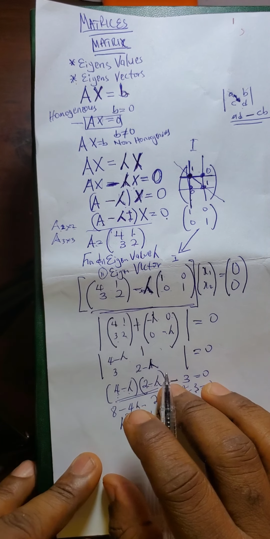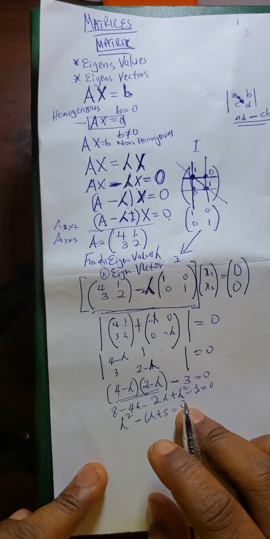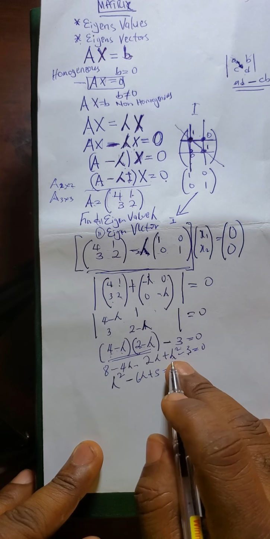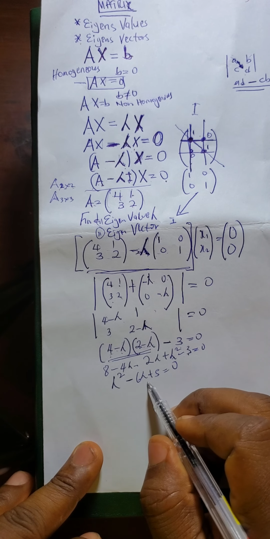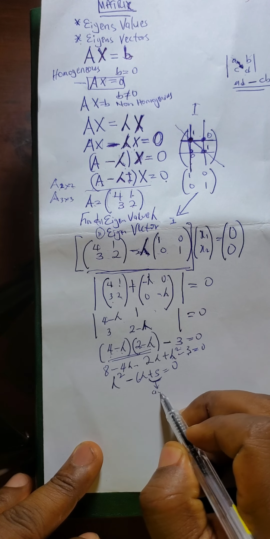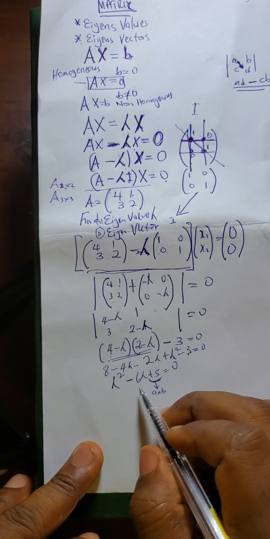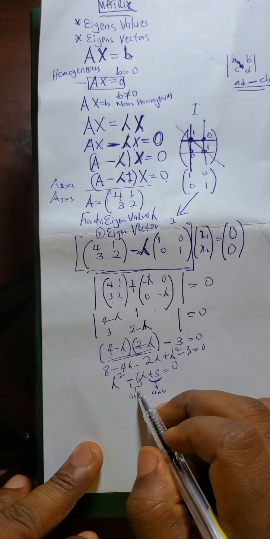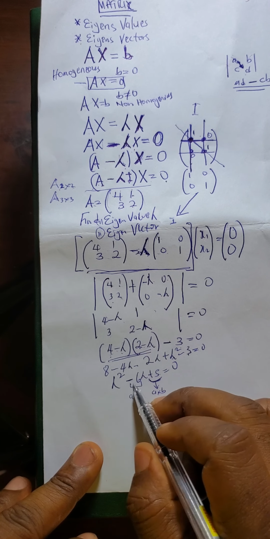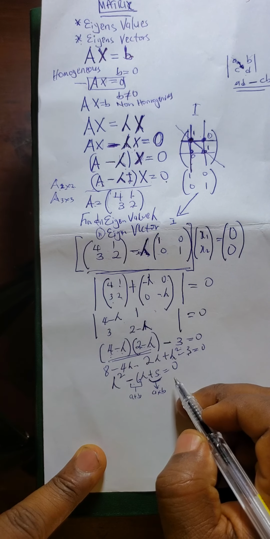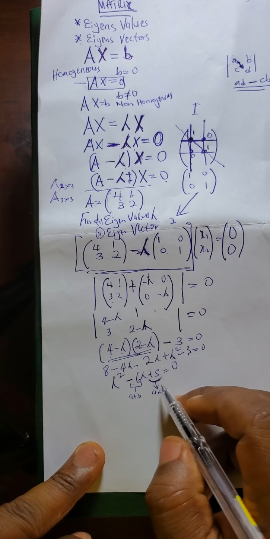So this is a quadratic equation, and we need to factorize it. We think about two numbers that multiply together to give us plus 5 and add together to give us minus 6. We know that it's going to be minus 5 and minus 1.